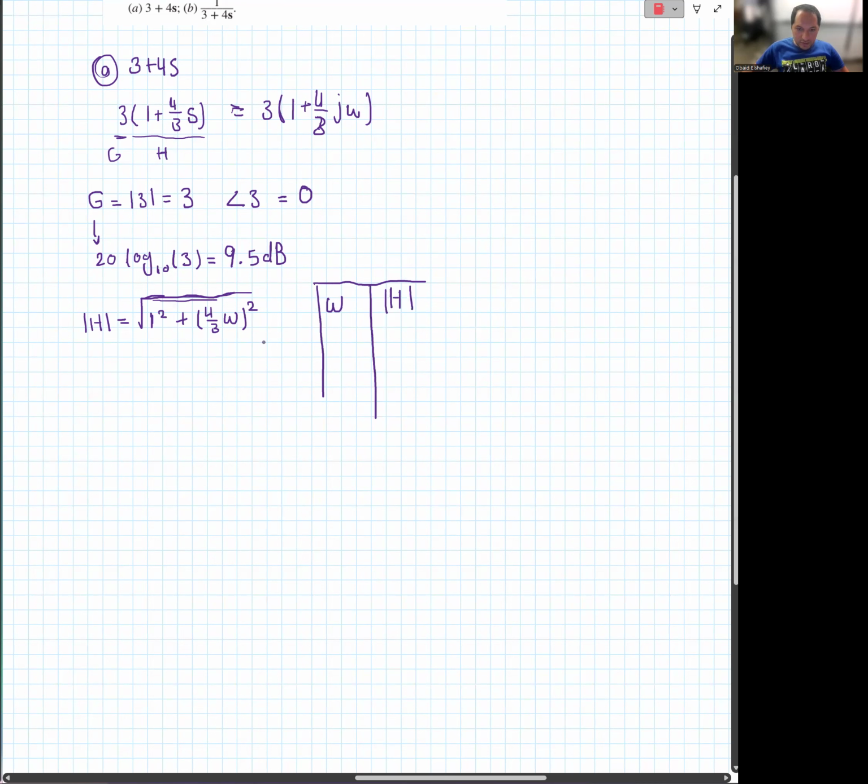So when omega equals 3 over 4, this whole thing is 1.